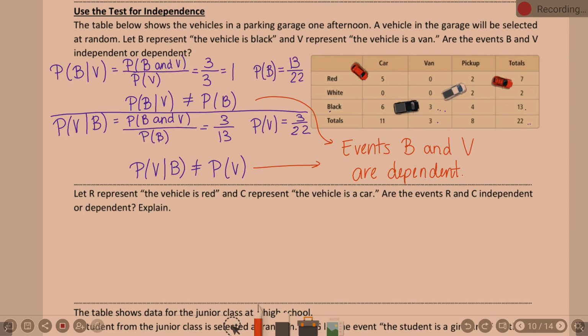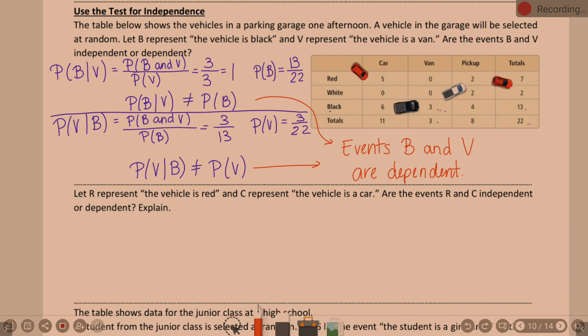Because the total number of vans is the total out of all the vehicles. Depends on which part you're looking at here. Which part were you looking at? The P of V given B is not equal to P of V. Right here. Okay. So this is the probability the vehicle is a van given it's black. Which should be 100%.